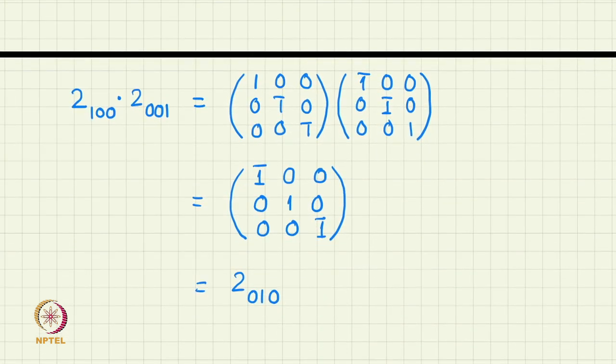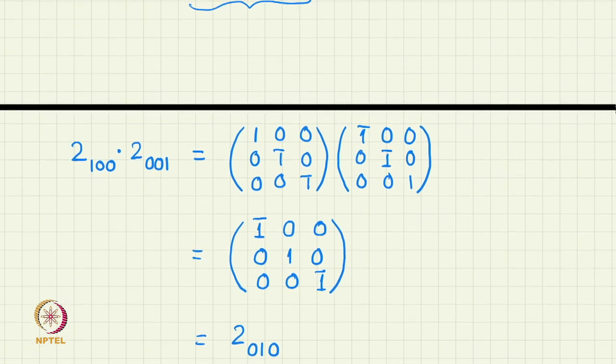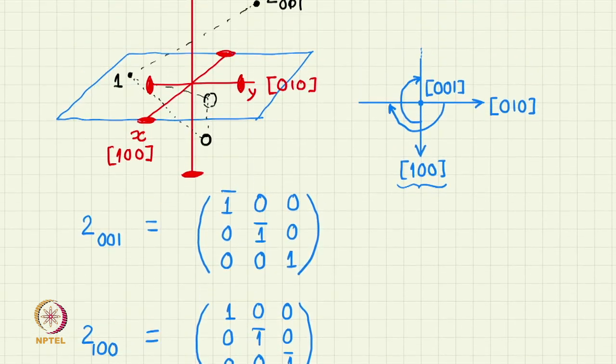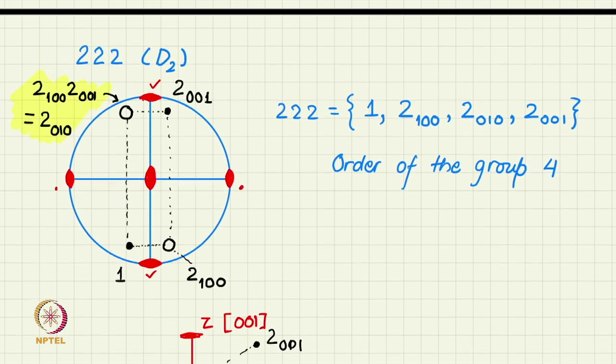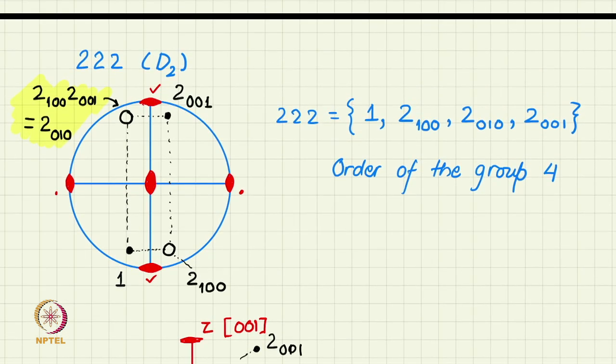So, see, matrix multiplication is good and nice to verify such results, and in complicated cases it may be quite essential, but here what we are able to get, this is the power of a stereogram. The effect of matrix multiplication is visible diagrammatically in the stereogram itself. So, this point we saw is the resultant of 180-degree rotation about the z axis followed by 180-degree rotation about the x axis.